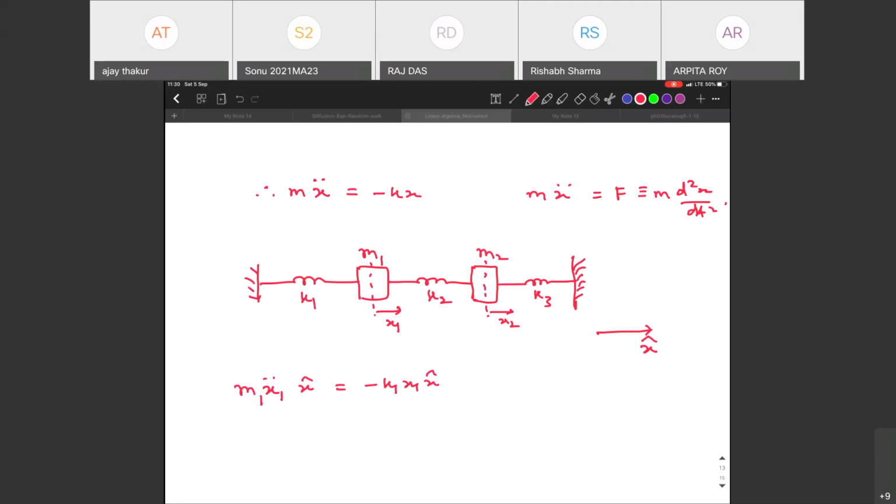Right. Now we have to imagine what happened. What is the contribution from the spring k2? In the case of k2, it is being compressed in the positive x cap direction. Spring k2 is compressed by an amount x1. So then what would be the restoring force in the minus x cap direction?